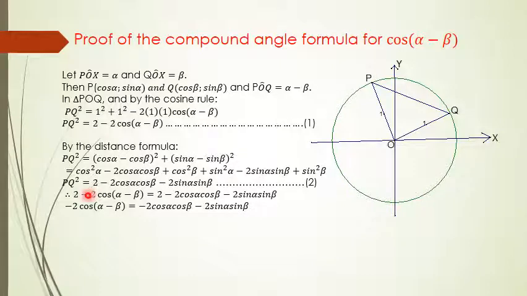So we remain with minus 2 cos (alpha minus beta) equal to minus 2 cos alpha cos beta minus 2 sin alpha sin beta. On dividing everything by negative 2, we obtain cos (alpha minus beta) equal to cos alpha cos beta plus sin alpha sin beta as our first compound angle formula.